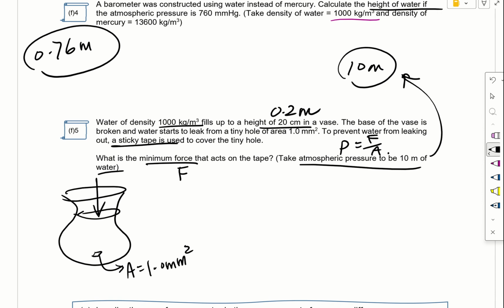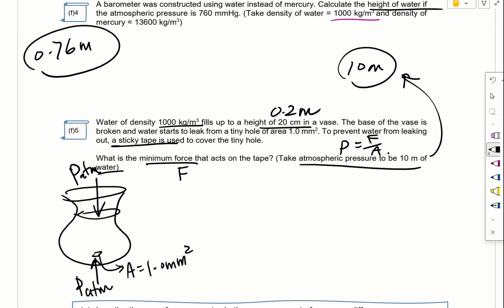Now the first step, we need to draw arrows on the surfaces where there's pressure acting on it. So this is PATM. When we are talking about stopping the leak, we use a sticky tape, and if we lift up, there is actually atmospheric pressure acting on the bottom as well.